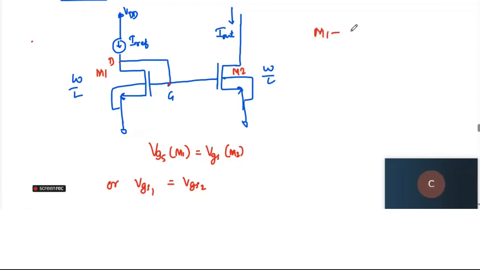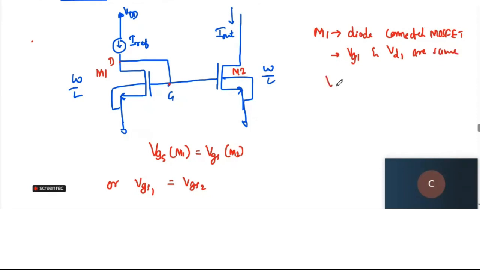So M1 is a diode-connected MOSFET. This diode-connected MOSFET has VD and VG the same. So VG1 and VD1 are the same because they are tied together.